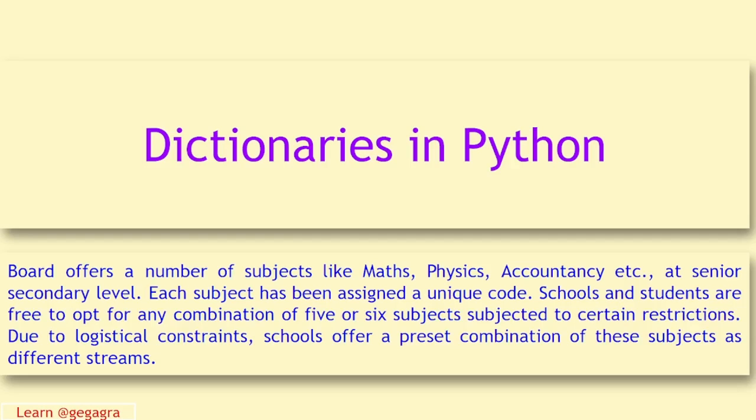Schools and students are free to opt for any combination of 5 or 6 subjects subject to certain restrictions. Due to logical constraints, schools offer a preset combination of these subjects as different streams. But details of this question are also there, which I'll discuss on the next slide.